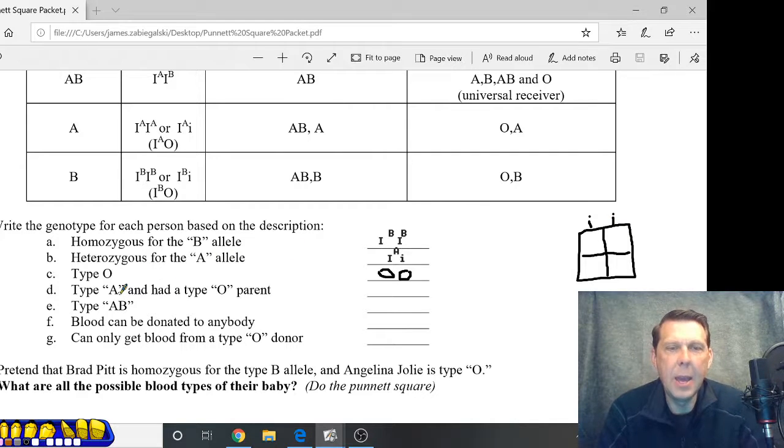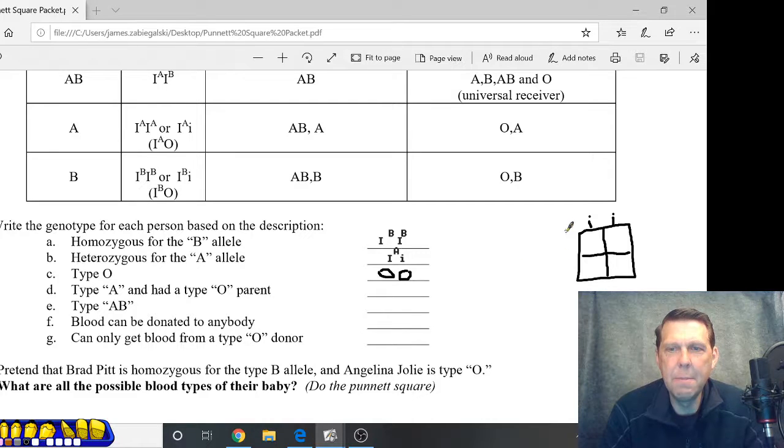Now, if you were type A, we don't know. If you're type A and had a type O parent, how are you type A, though? Because there's two different ways to be type A. No matter what the dad was, dad would have had to have some A in him.